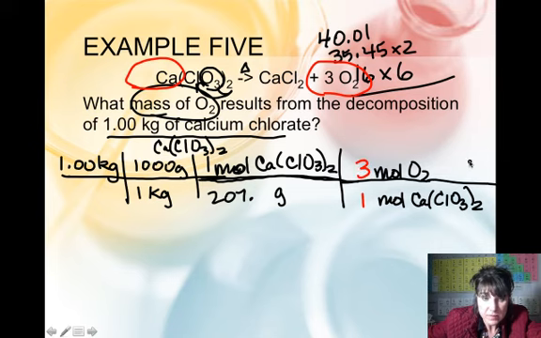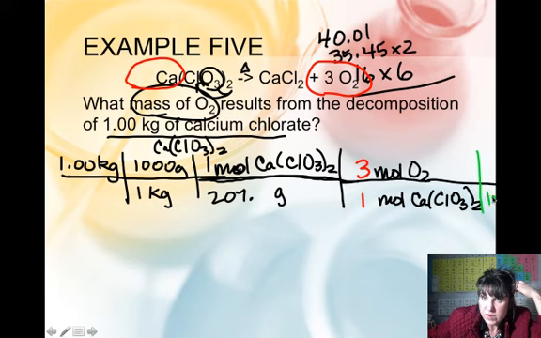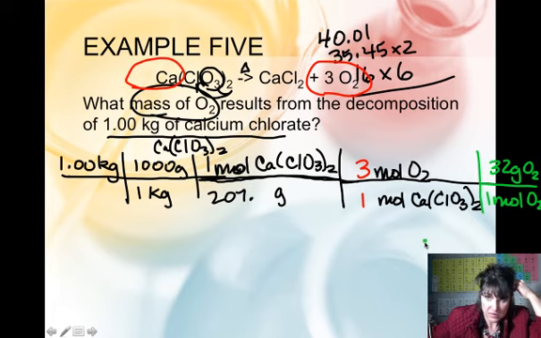Our final step, I'm running off my page here. I'm going to change colors so you can see. The final step is to change moles to grams. So 1 mole of oxygen is 32 grams because there's 2 atoms in every molecule, right? Okay, so now we've got kilograms canceled, grams canceled, moles of calcium chlorate canceled, and moles of oxygen is canceled out.